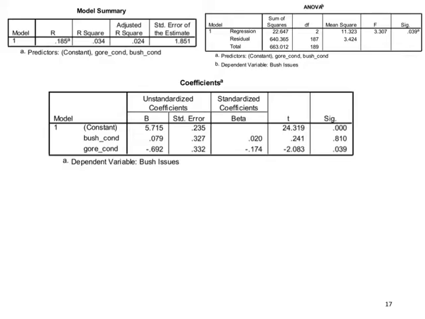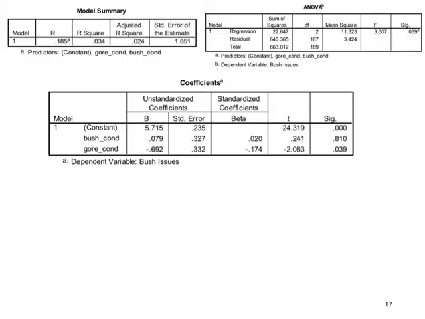And so here's the important part. So this is significant. So we sort of get the green light to look at our coefficients. And the interpretation here is, this is the key. So when Bush condition and Gore condition are equal to 0, what is the condition that's being represented? And what would be the predicted value for the control? If both of these are 0, 5.715, and somebody go back and look on the previous screen, what is the mean for the control condition on the dependent variable?